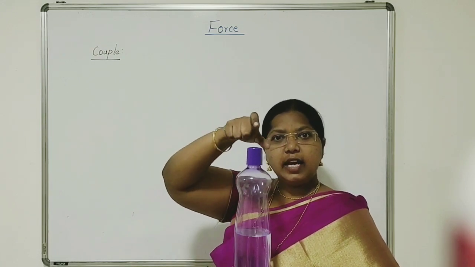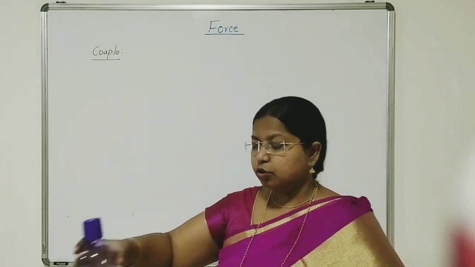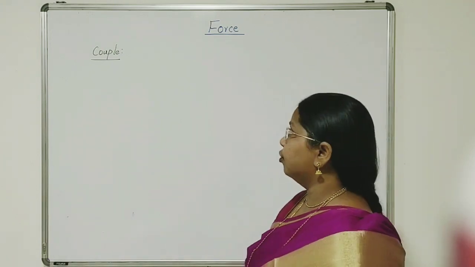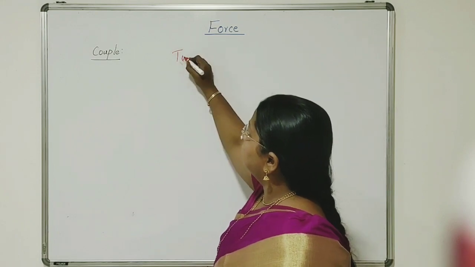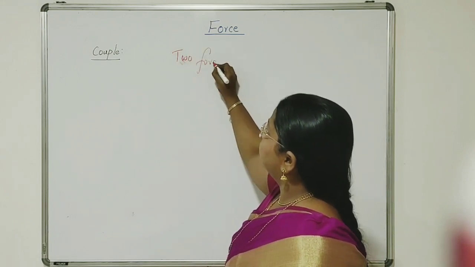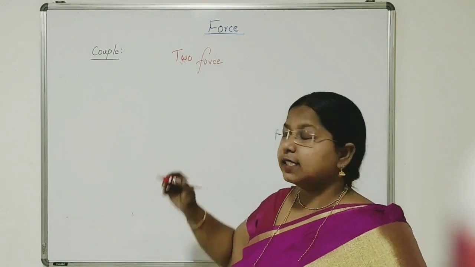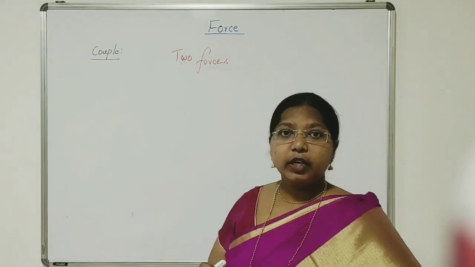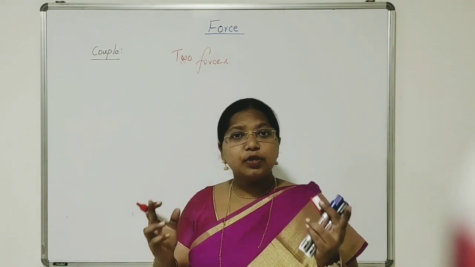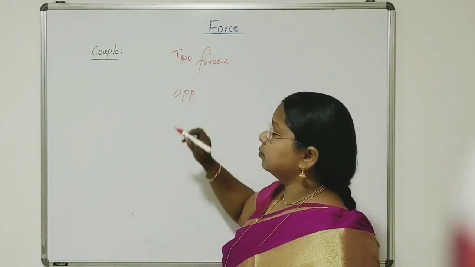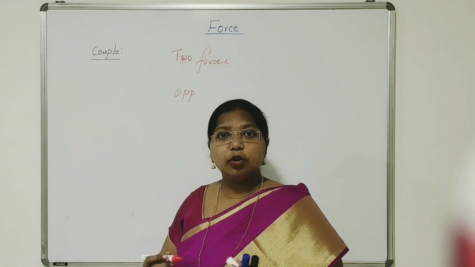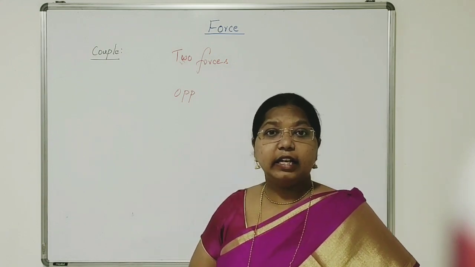One over here and the other one on the opposite side. So we are using two forces, which I am applying in the opposite direction. So two forces in opposite directions, and they are equal.